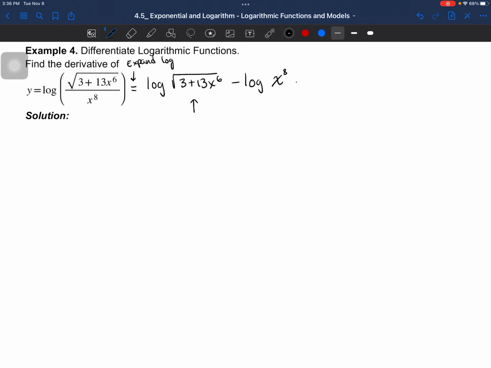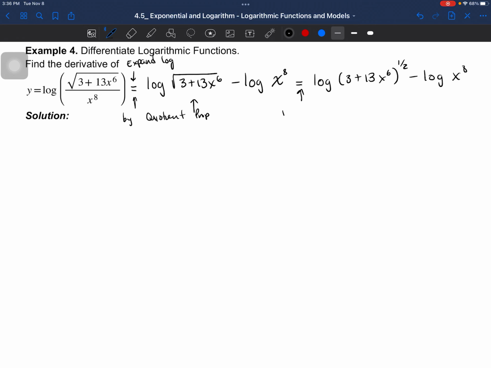Now, we have this square root, and we don't have a specific rule for square roots, but we have a rule for powers. So what I would suggest in the next line is to rewrite this in power form. We know that square roots can be written as a power of 1/2.